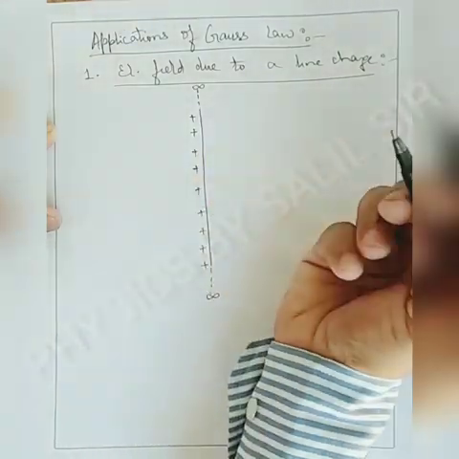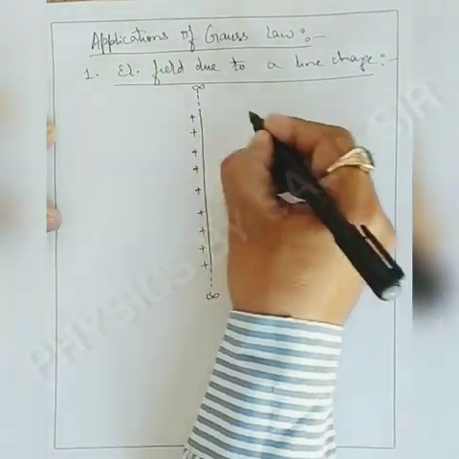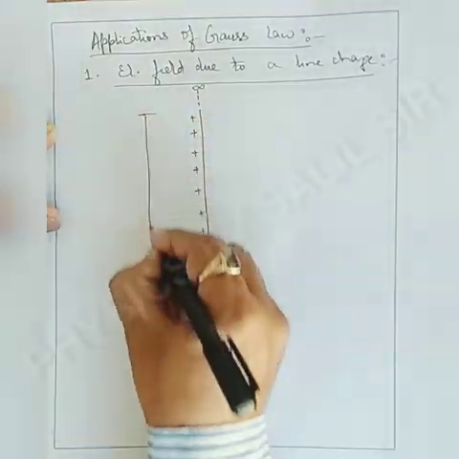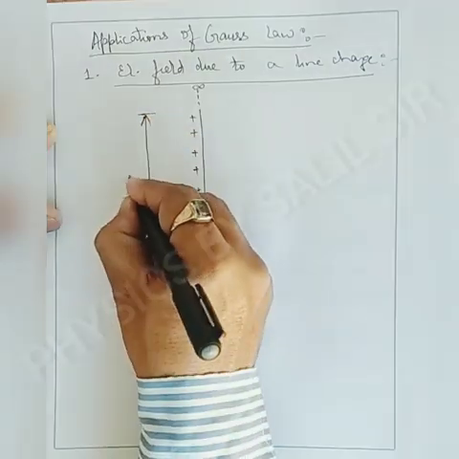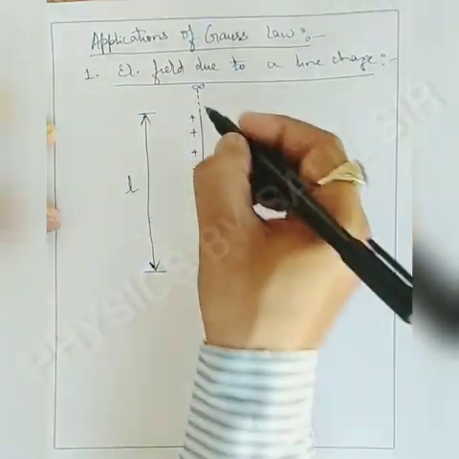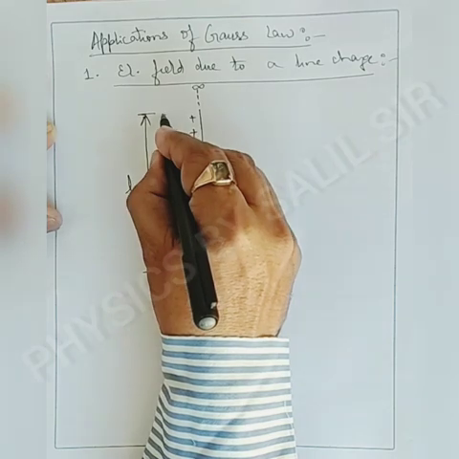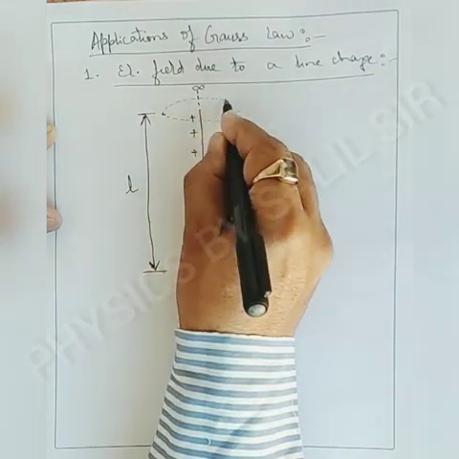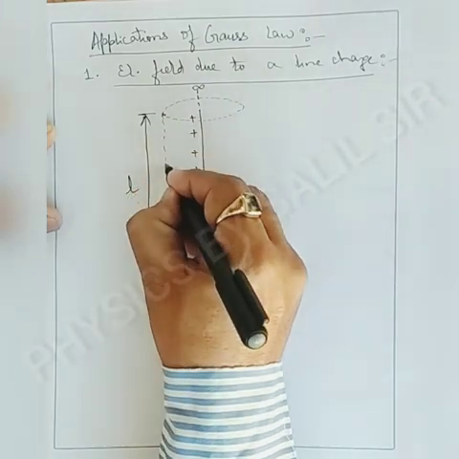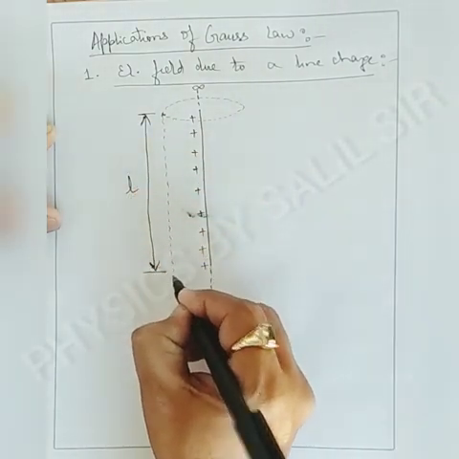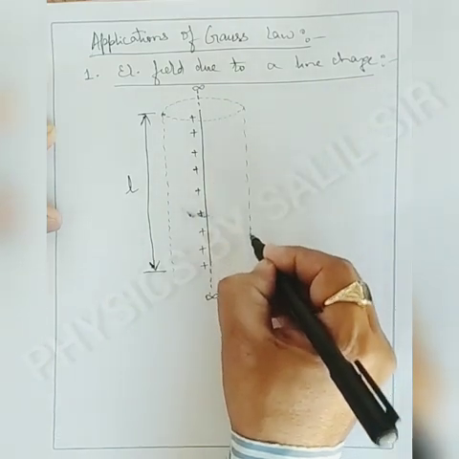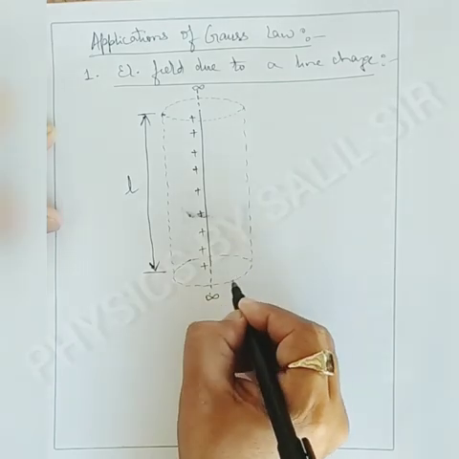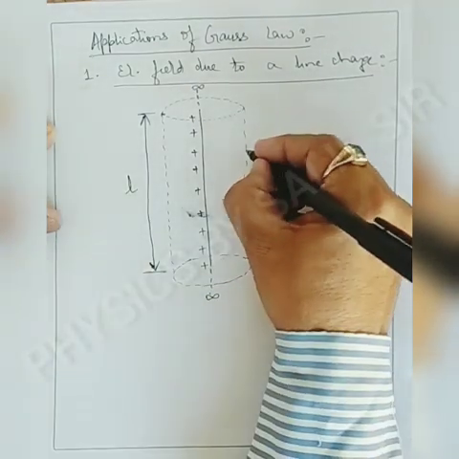If we consider a particular length L of this line charge, then we get the Gaussian surface in the form of a cylinder. I explained to you earlier that the Gaussian surface of a line charge is always a cylinder. So this will be the Gaussian surface.